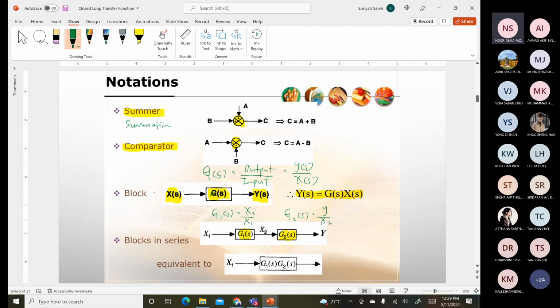So from this, we know that G1 equals X2 over X1, then X2 equals G1 X1. And for the second transfer function, G2 equals Y over X2, so we can rearrange Y equals G2 multiplied by X2.